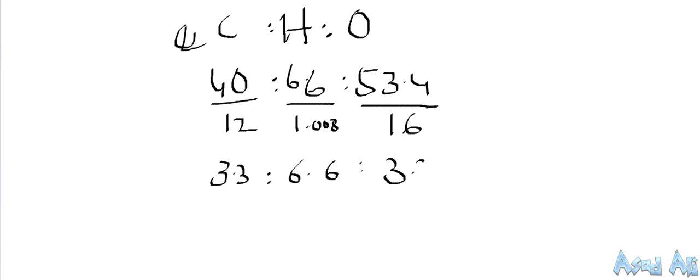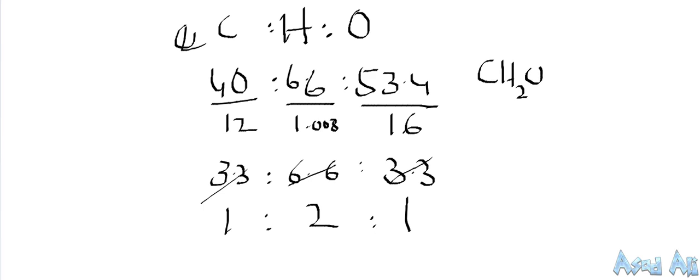So these two are equal, and this one is twice that of 3.3. We can write it in a simpler ratio. So we have determined the empirical formula of the compound, and that is CH2O for acetic acid. By combustion analysis, we have determined the empirical formula of acetic acid.